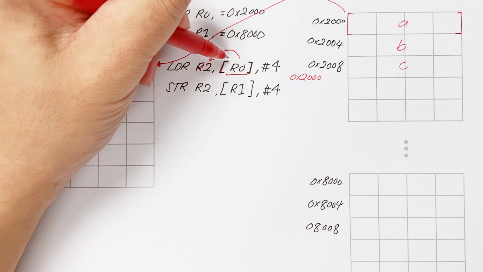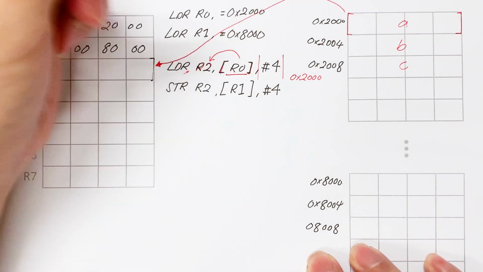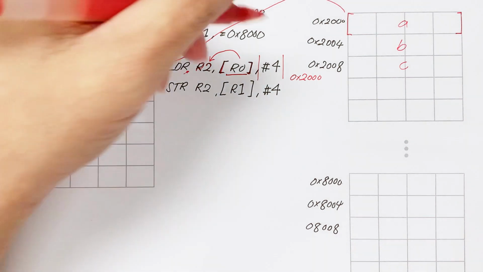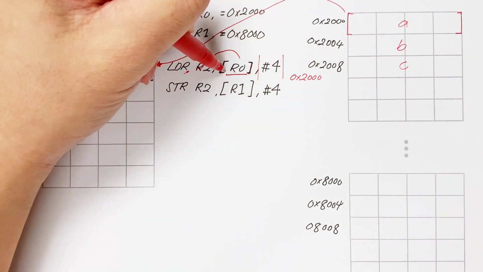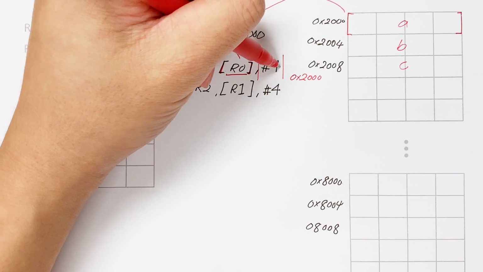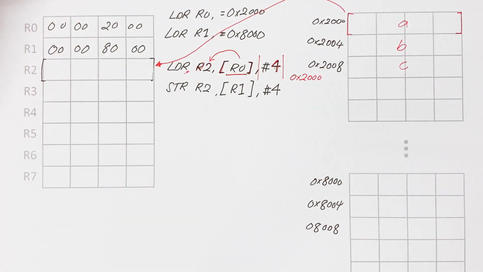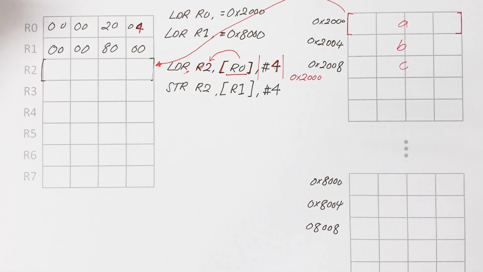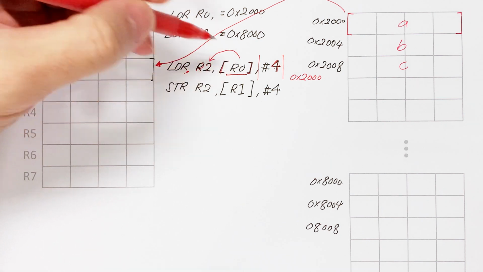After we transfer the data, we also have to complete the post-index operation by adding the 2000, which comes from the address, with this value, 4, so 2000 plus 4 equals 2004. And the value 2004 will be replaced into register 0.